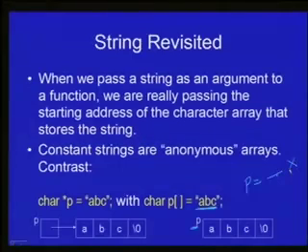So P assigned something would be wrong in this declaration, whereas P assigned some other thing would be correct in this kind of declaration, because here P is a pointer. P is the name of a pointer variable, whereas here P is the name of an array itself.